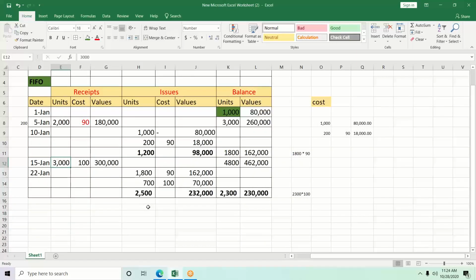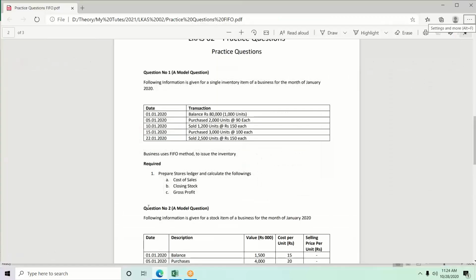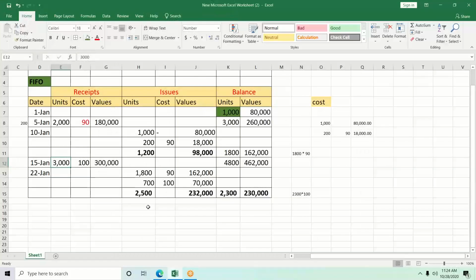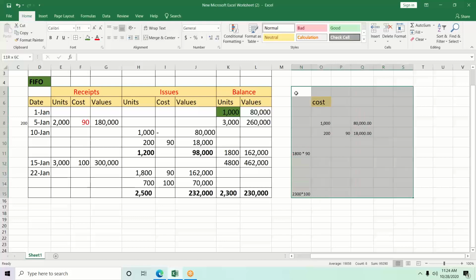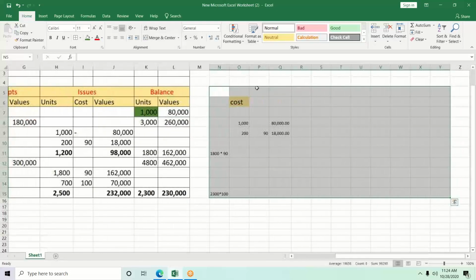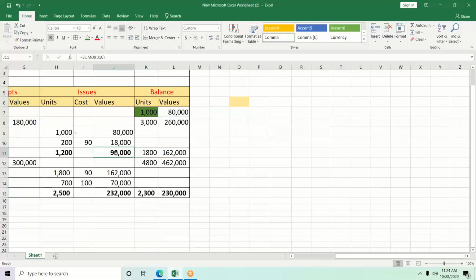Okay, now you want to provide the information for the answers to the given question. First, they ask you to calculate the cost of sales. Look at this, this is very important. How are you supposed to calculate the cost of sales? How many times have you made issues? How many times did you sell? There are 2 times.